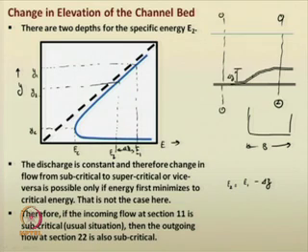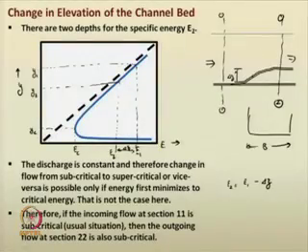As the discharge is constant in the channel, if the flow is subcritical in the upstream section, it can become supercritical only when it encounters a section between section 1 and section 2 where the flow is critical.